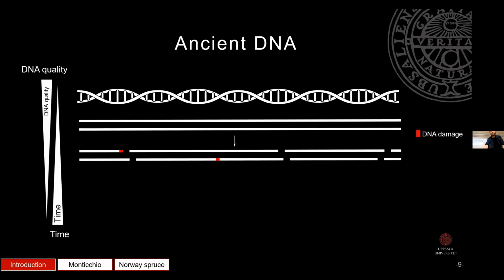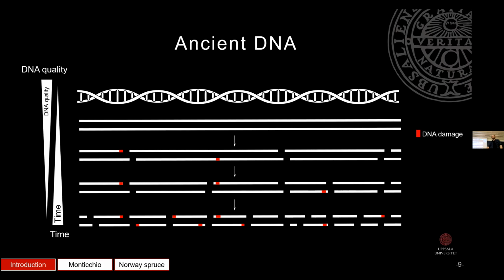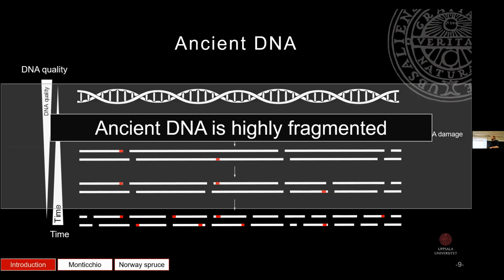Over time, your DNA starts to fragment. It becomes smaller and smaller. And in the end, if this takes a long time, you end up with very short fragmented DNA that is both fragmented and also has some chemical changes which cause damage in the fragments. So ancient DNA is highly fragmented.